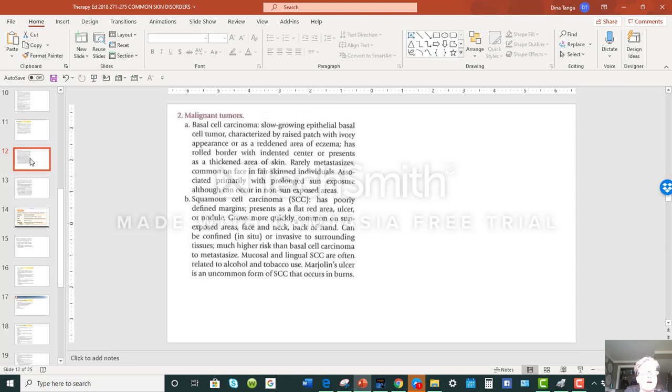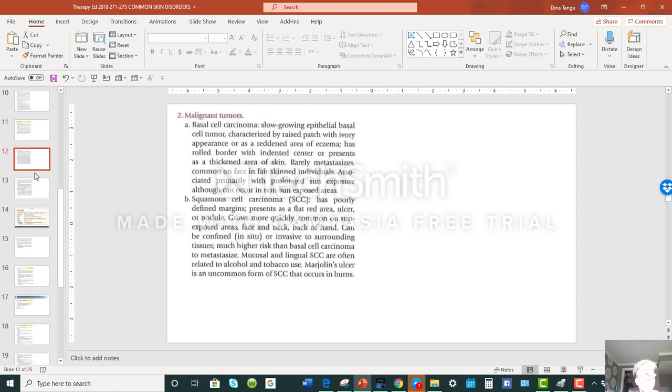Squamous cell carcinoma has poorly defined margins, presents as a flat red area, ulcer or nodule. Grows more quickly. Common on sun-exposed areas, face, neck, back of hand. Can be confined or invasive to surrounding tissues.